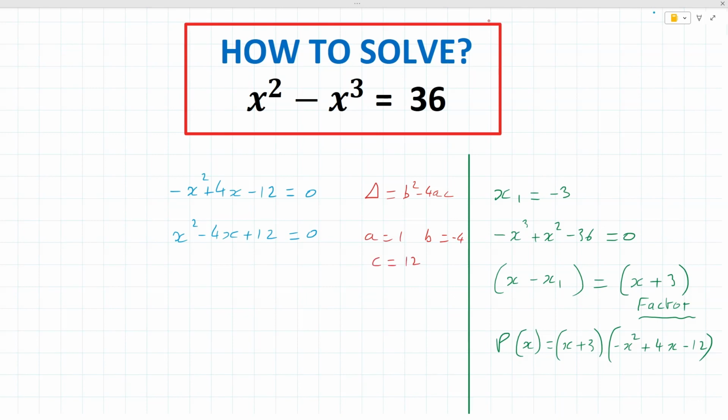So delta is equal to b squared, so negative 4 squared, so we can say 16 minus 4 times 1 times 12, and 16 minus 4 times 12 is 16 minus 48, which is equal to negative 32, and therefore there are no solutions in the real numbers.